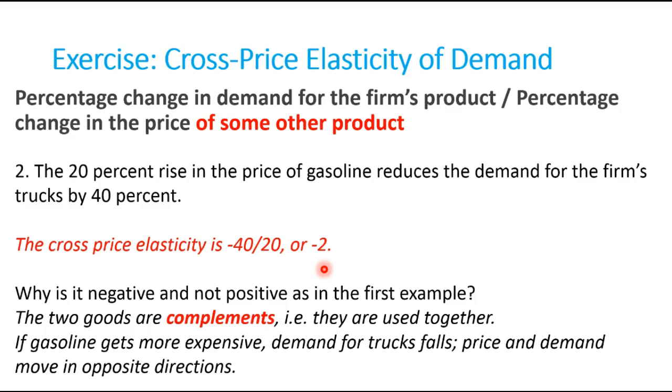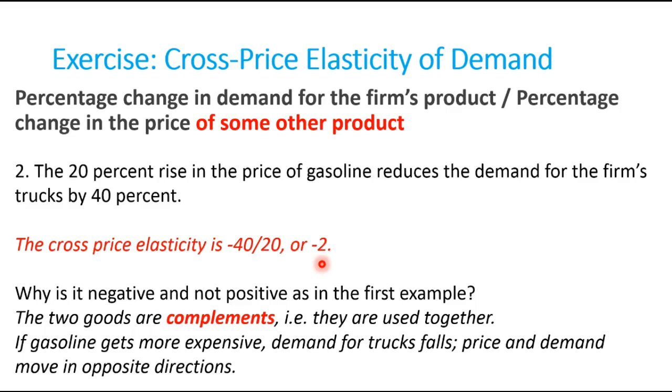Earlier I gave the example of the price of electricity going up. Well, if you're heating your house with electricity, then there might be some reflection of that, let's say, in the demand for houses that are heated in that way.